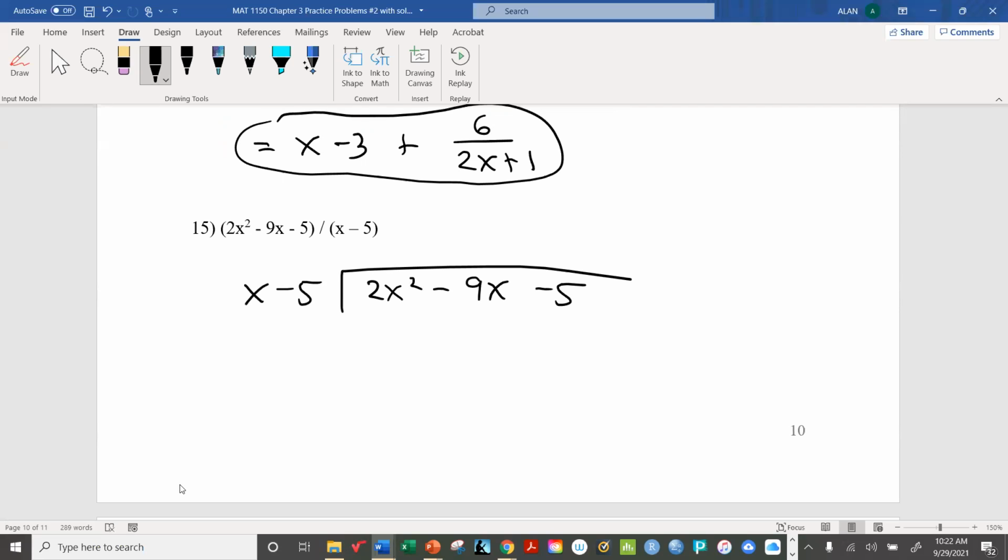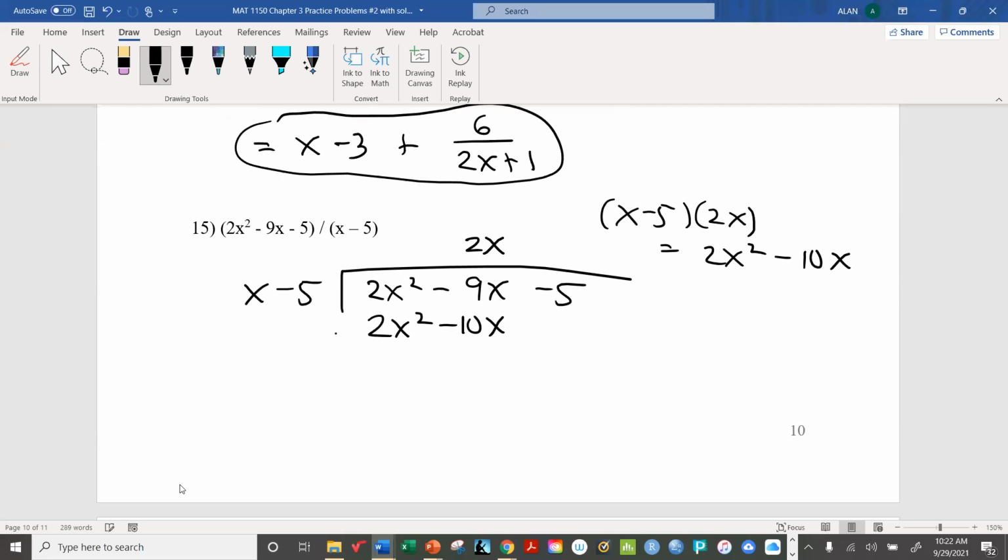All right, so if I multiply x minus 5 by 2x, I'll get 2x squared minus 10x. Let's do that. So this term becomes negative. These cancel out. This becomes a positive. And we end up with x minus 5.